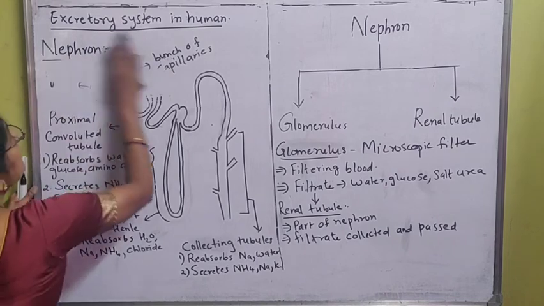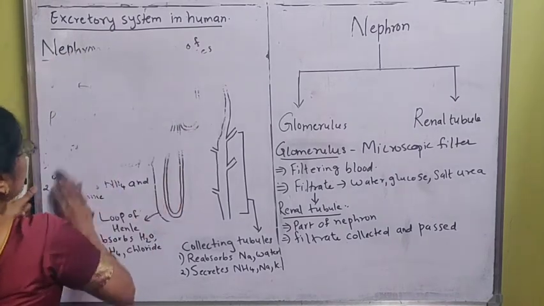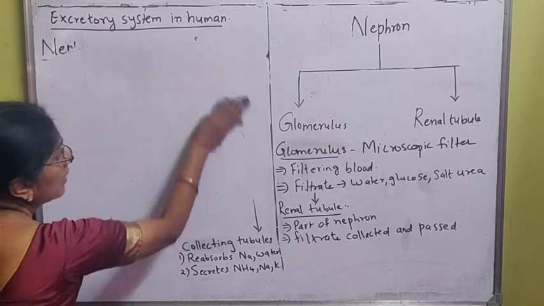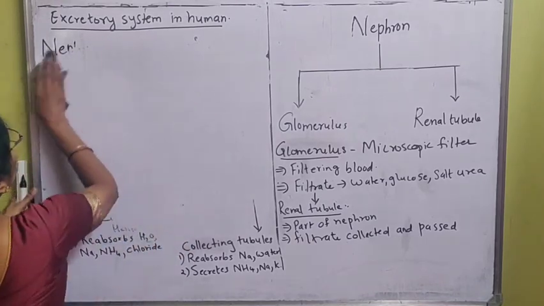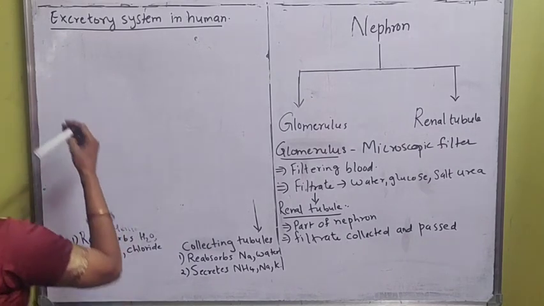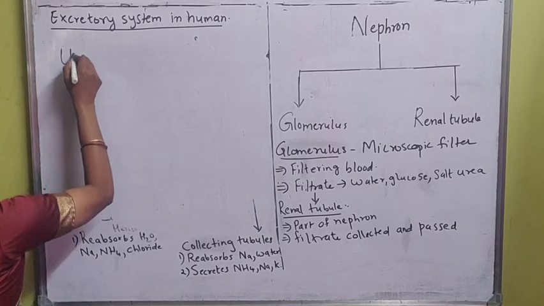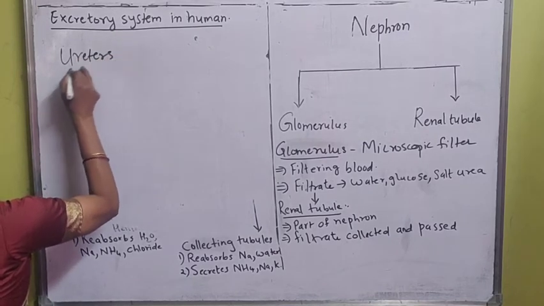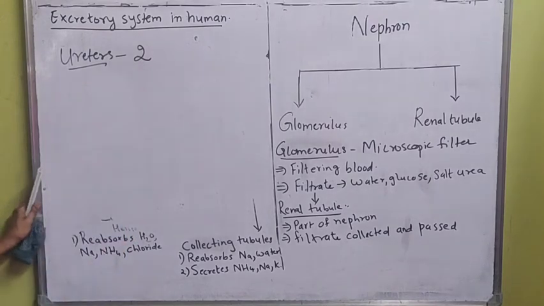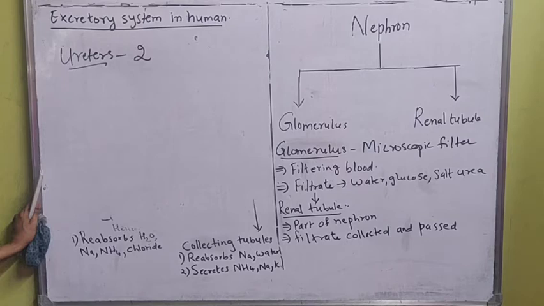I erase this just to show that only three parts are left: the convoluted tubule, the loop, and the collecting tubules. The collecting tubules are connected with the ureters. Two kidneys are there, so how many ureters? Two ureters are there. From each kidney this tube starts.